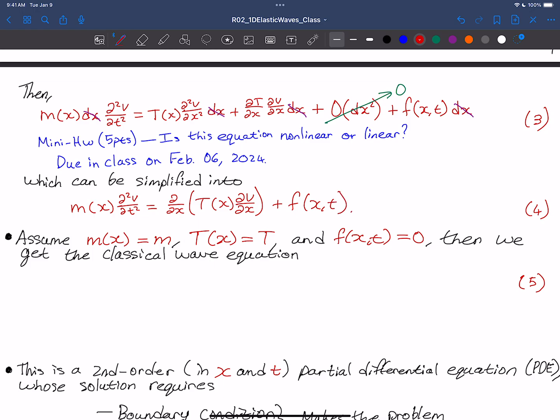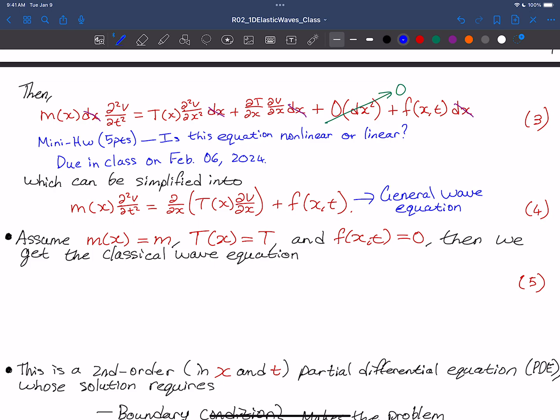And this is what we consider the general wave equation, with mass and tension that depend on space.